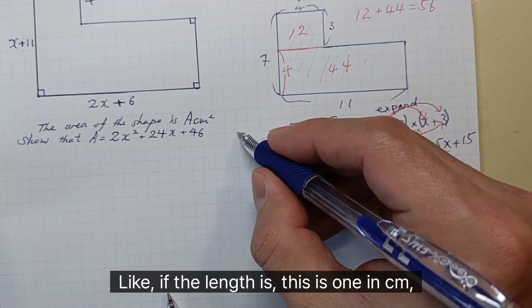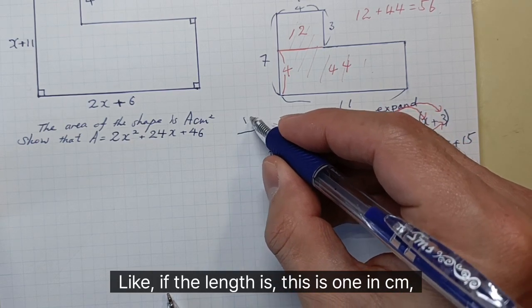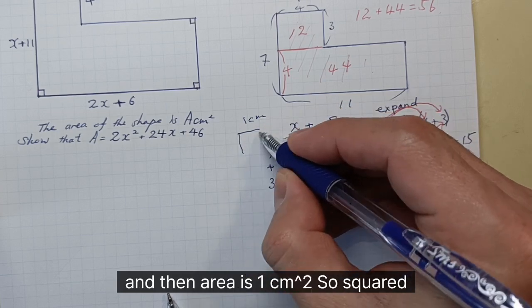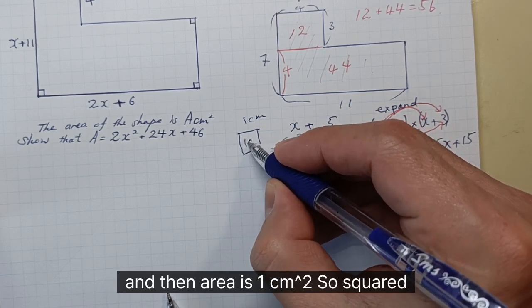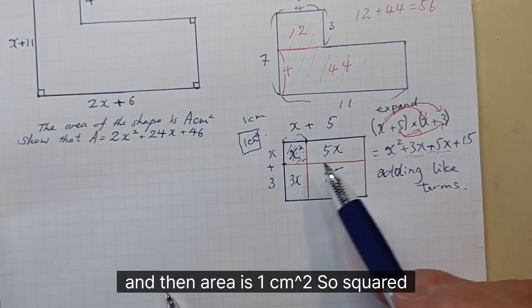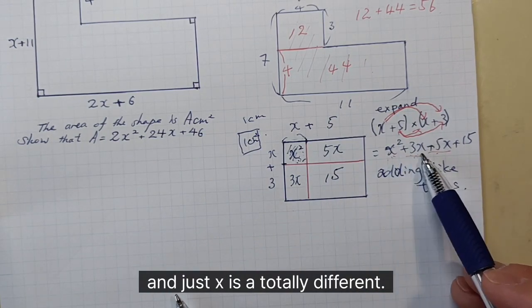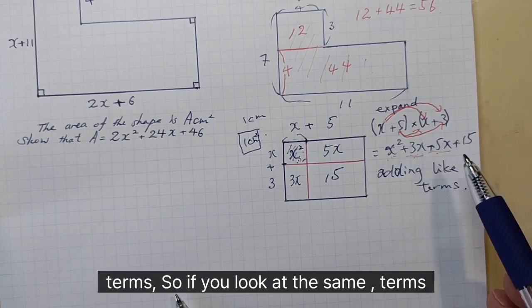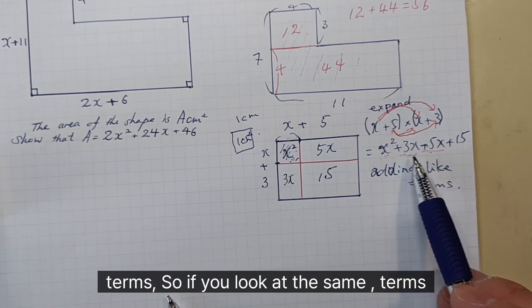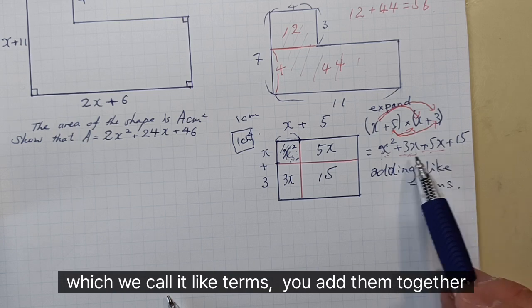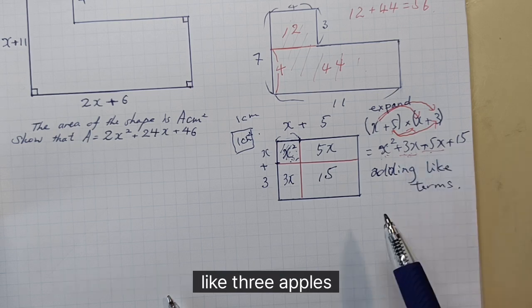Like if the length is 1 centimeter, then the area is 1 square centimeter. So x squared and just x are totally different terms. If you look at the same terms, which we call like terms, you add them together.